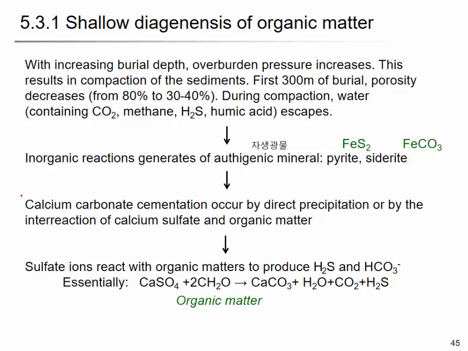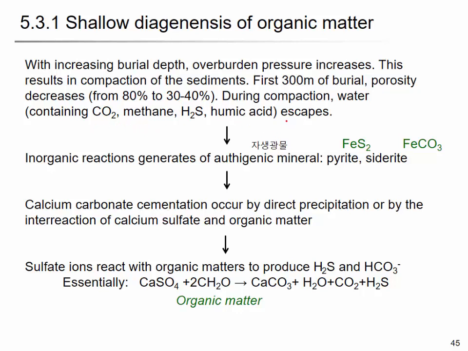kerogen. So with increasing burial depth, the pressure will increase so that it will compact the sediment. In the first 300 meters of burial, porosity decreases from 80% to 30%. And during the compaction, the water will escape.